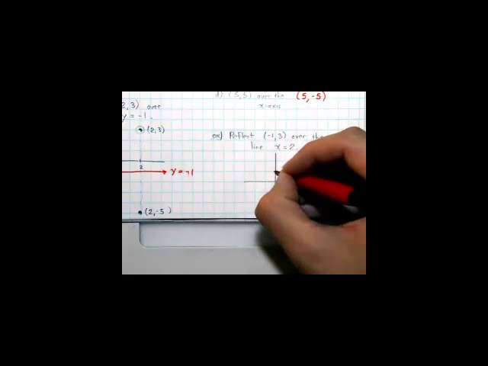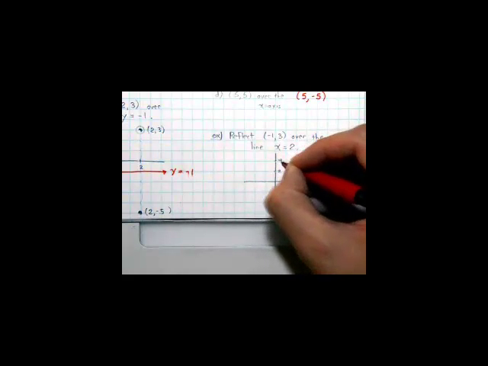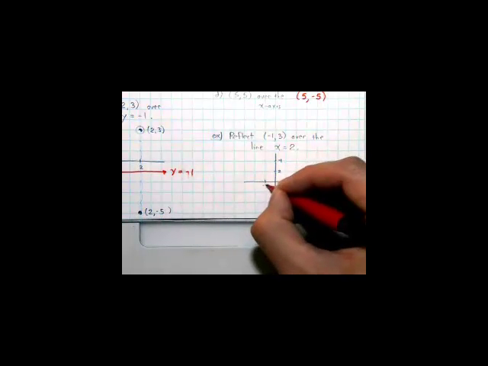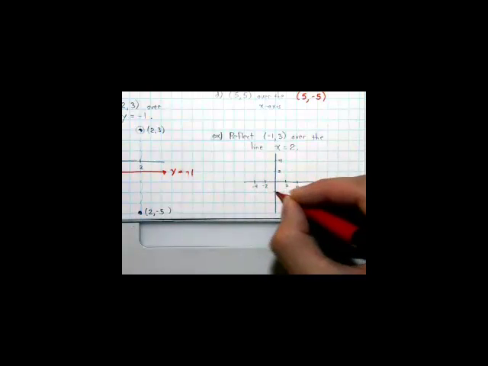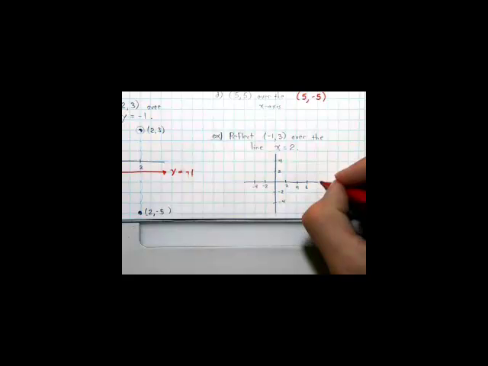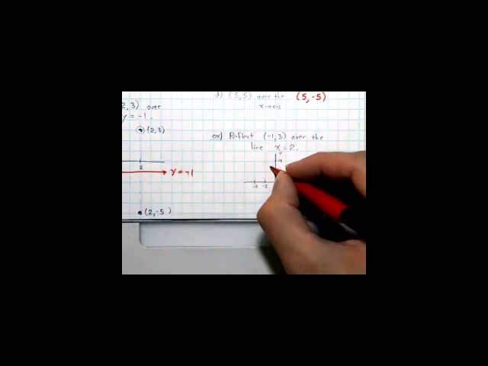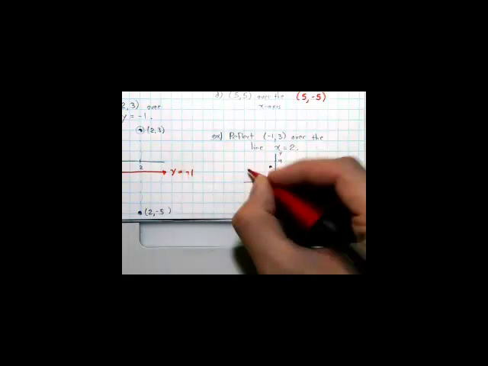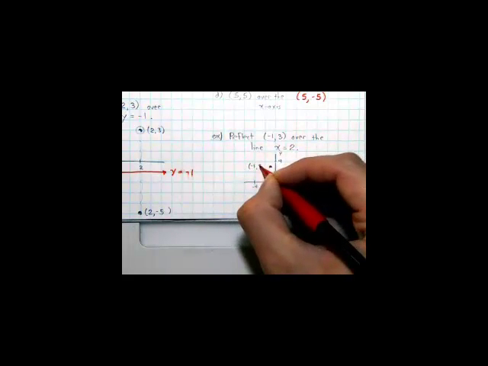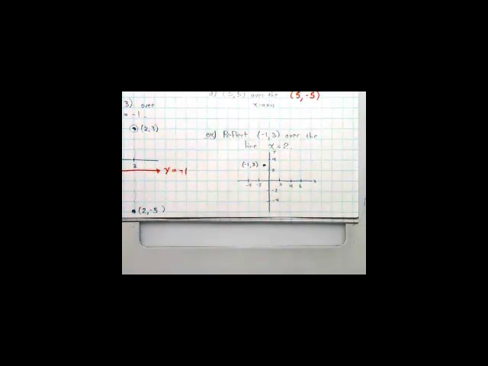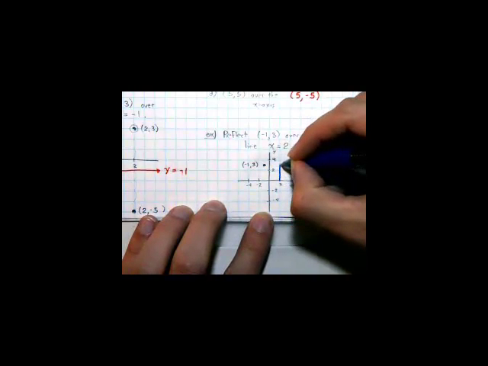I'll count by 2's. Okay, so there's my x-axis, there's my y-axis. So my point (-1, 3) is going to be sitting right here. And I want to reflect it over the vertical line, x equals 2. So that's here.